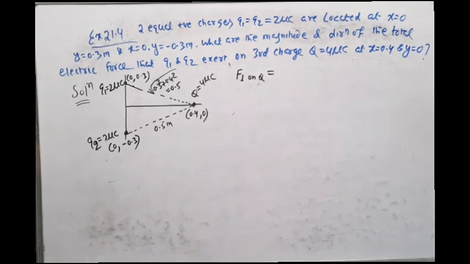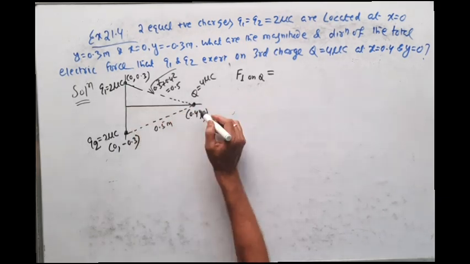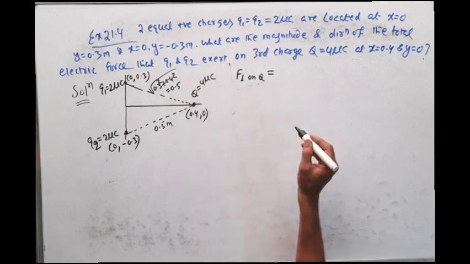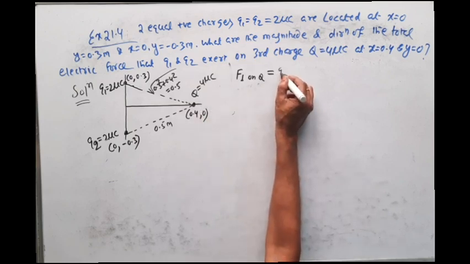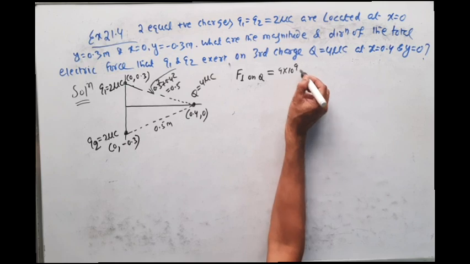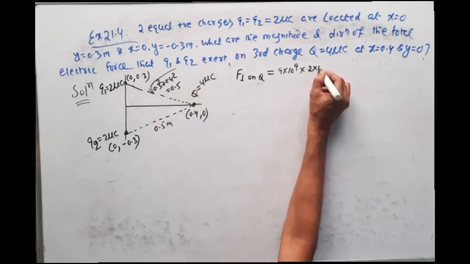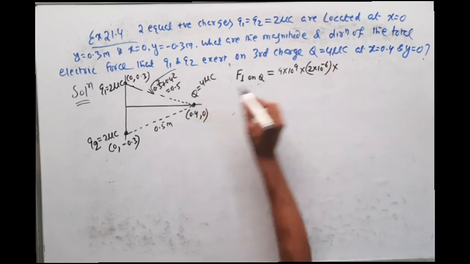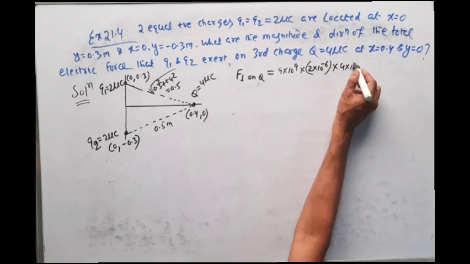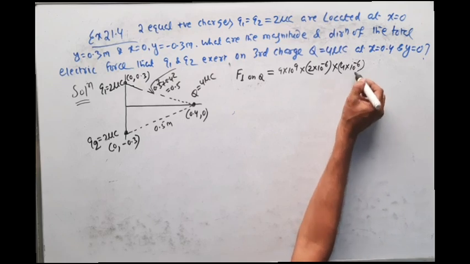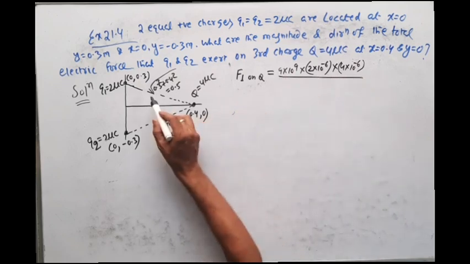So first we find the force by Q1 on Q. What is the formula? 9 into 10 to the power 9, into Q1. What is Q1? 2 microcoulomb, 2 micro means 10 to the power minus 6, into Q. Q is 4 microcoulomb, 4 into 10 to the power minus 6, divided by the square of the distance.